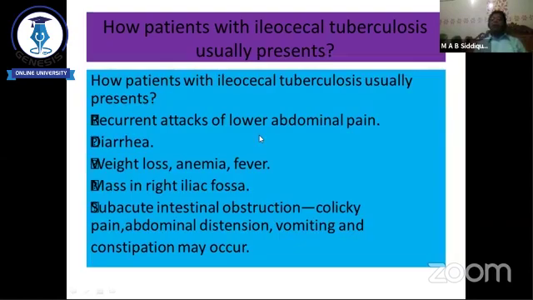These are very similar to malignancy, and it is very difficult to differentiate malignancy of the cecum from ileocecal tuberculosis by clinical features alone. The clinical features of tuberculosis and malignancy in the cecum are very similar.